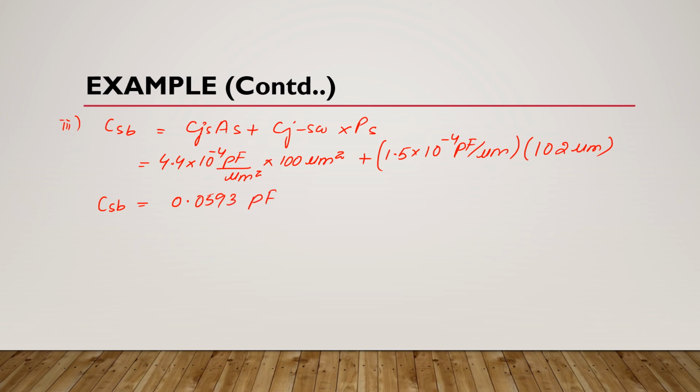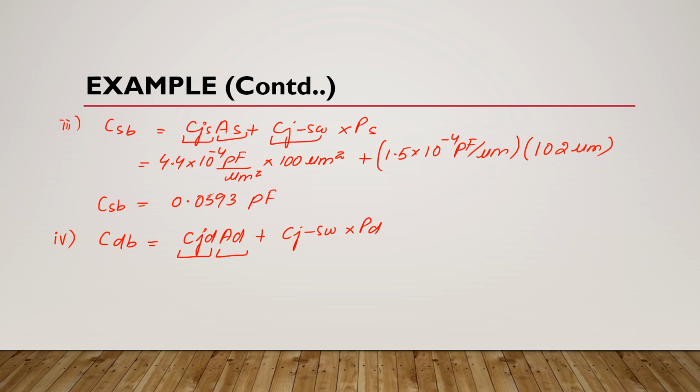picofarad. Okay, now we will find the value of drain to bulk capacitance here. The formula of drain to bulk capacitance in cutoff region is this. Here we know that the values of source junction capacitance and drain junction capacitance are same. The values of source area and drain area are also same.